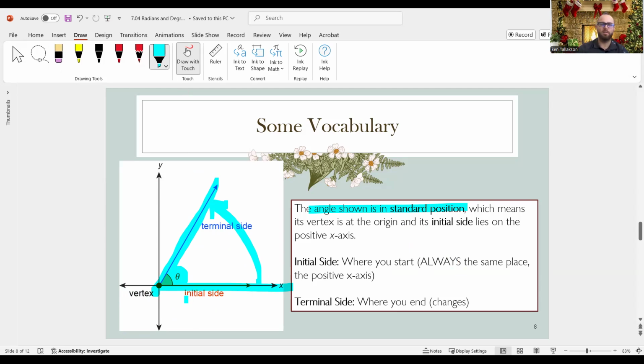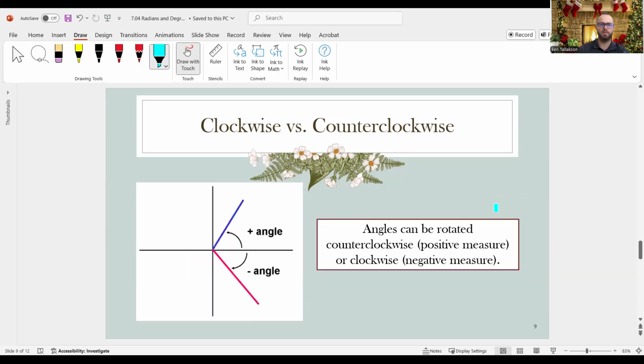Now, that is everything you need to know about where to start and the terminology of standard position, vertex, and terminal side. And now things get more interesting. Up until this point, we've said, okay, you start at the initial side, the starting line, you go around in a counterclockwise direction to get positive angles, and that's true.